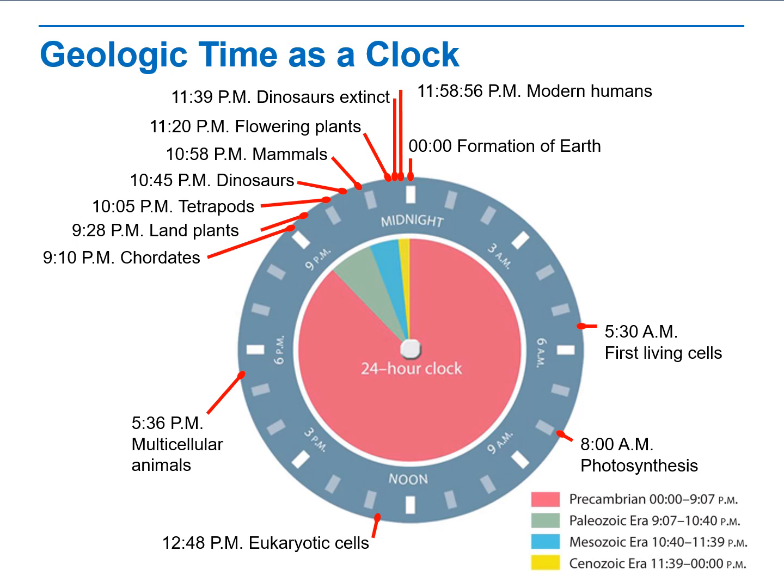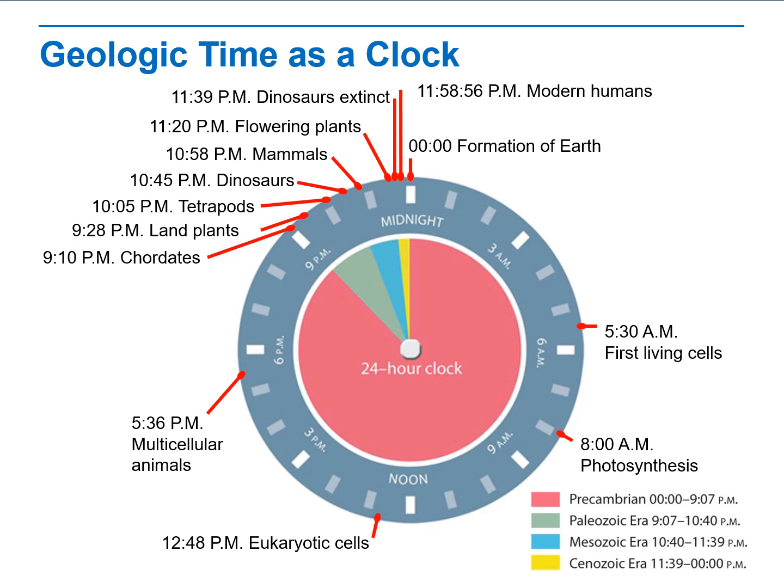And then eukaryotic cells, between 5:30 a.m. and 12:48 p.m. All morning, essentially, you had only prokaryotic organisms, and then right around lunchtime, that's where eukaryotic cells finally evolve. So it takes a very, very long time for these big steps in evolution to take place.